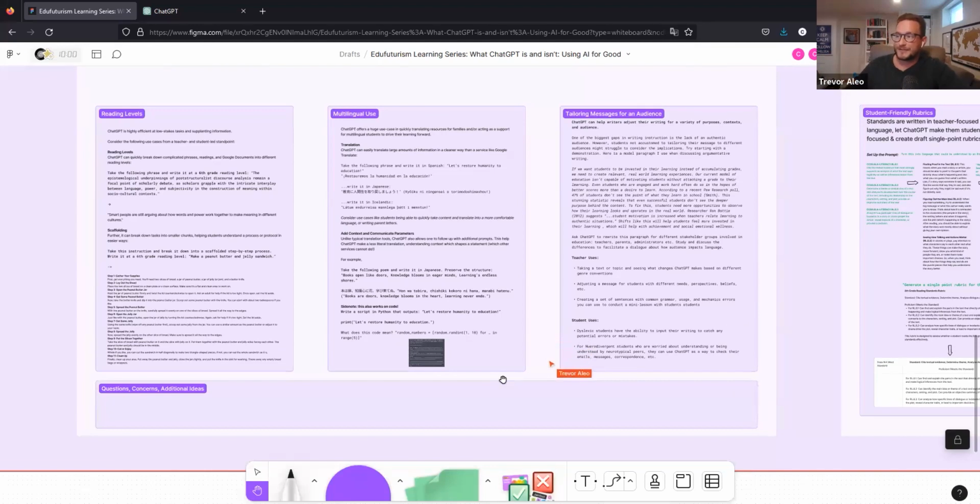Lastly, for neurodivergent students who are worried about understanding or being understood by neurotypical peers, they can use ChatGPT as a way to check their emails, messages, or correspondence. My wife ribs me a little bit because I spend way too long on emails because, as a function of my ADHD, I struggle with either giving way too much context or way too little. So if you have students with similar struggles, ChatGPT can be a great tool to ask, hey, can you streamline this?